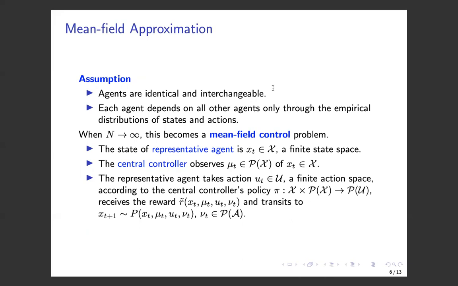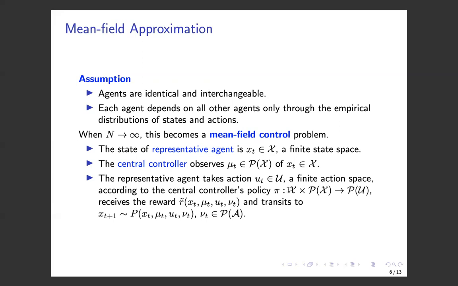In the mean field setting, we are assuming that all agents are identical and interchangeable, and they depend on each other only through the empirical distribution of state and actions. If we take this n to be infinity, this will become a mean field control problem. In this problem, the central controller observes the population distribution mu, and each single agent will take action based on the central controller's policy.